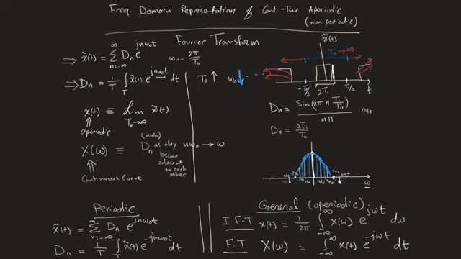Now if the signal becomes aperiodic, rather than being discrete components, it becomes a continuum of spectrum in frequency domain, and the calculations are just analogous, except that here we deal with continuous in both domains, time and frequency. Here we deal with continuous in time, but it becomes discrete in frequency because the signal is periodic, okay?